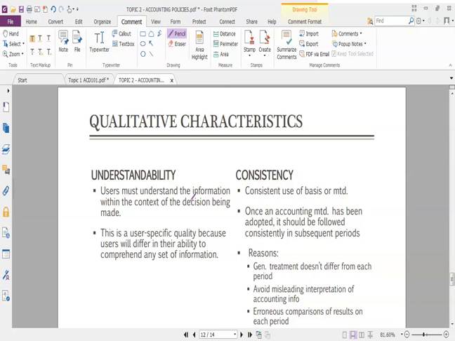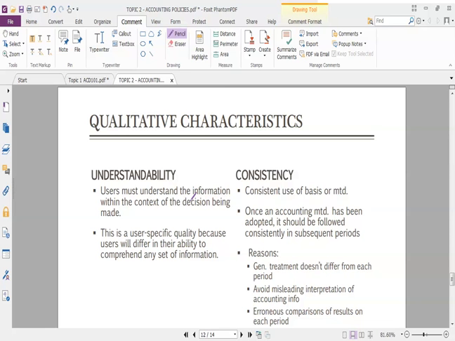We already know that not everyone outside has knowledge about accounting, so we must prepare the financial statement so that all people will understand it and know how to read it.